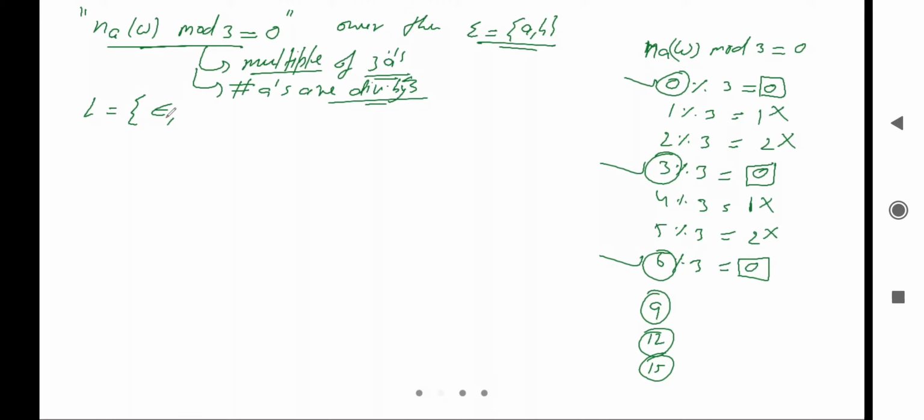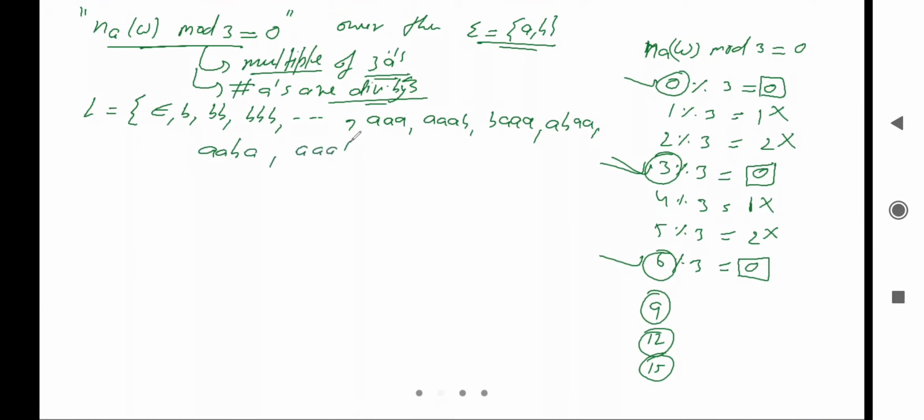So the number of a can be 0. What is the condition on b? There is no condition. So b can be a single b, double b, triple b, and so on. After that, the number of a can be 3, meaning triple a, and combinations with b in between.